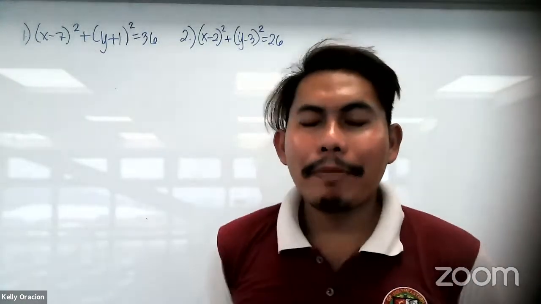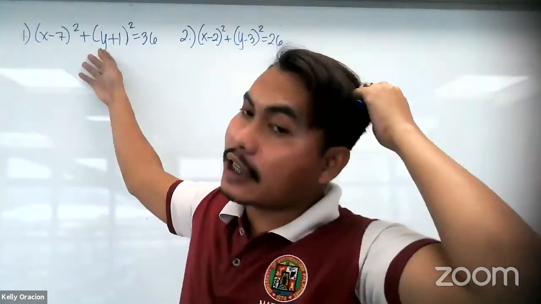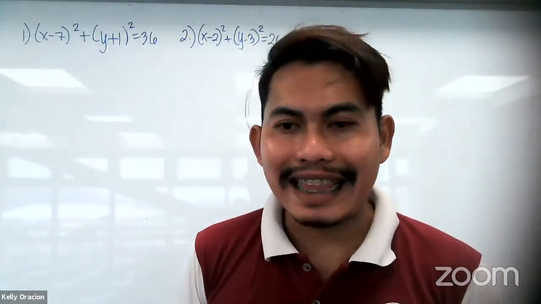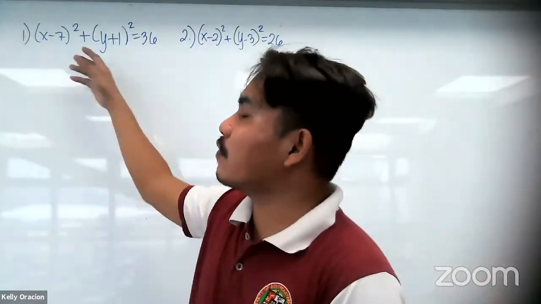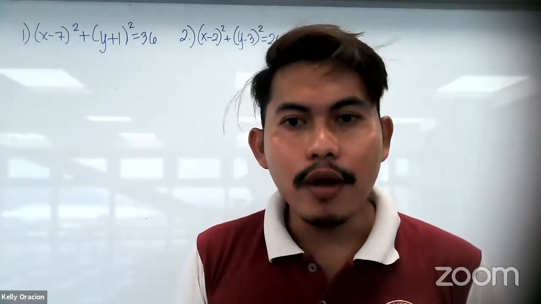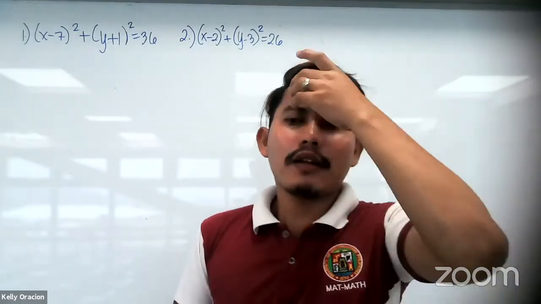Let's start. Now, before we transform this one into general form, we need to get the center and radius first.